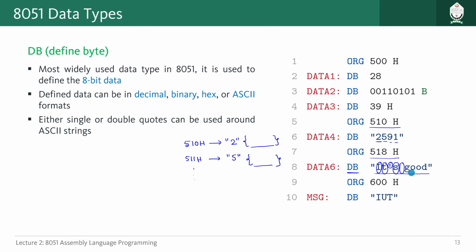Now let us come to these labels. Whenever we say these things, data 1, data 2, right? Basically if we want to call these values, this 28 in decimal elsewhere in the code, we can actually call it using data 1, no problem.